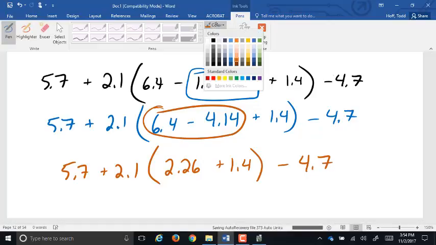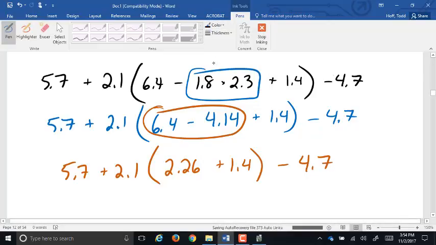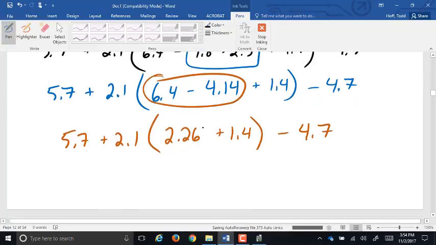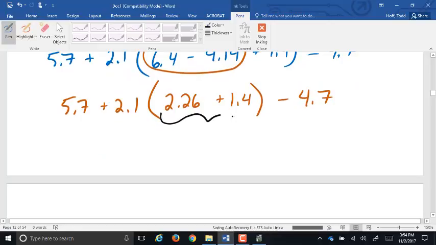And then we finish off the parentheses. We add those together. That is 3.66. We're down to a single number in the parentheses, so I can get rid of the parentheses. I have to remember to put in the multiplication there.